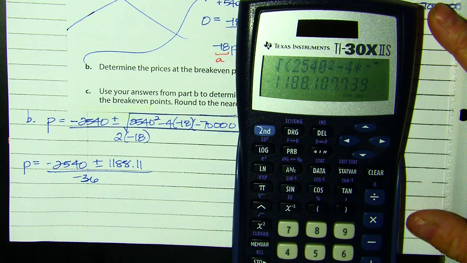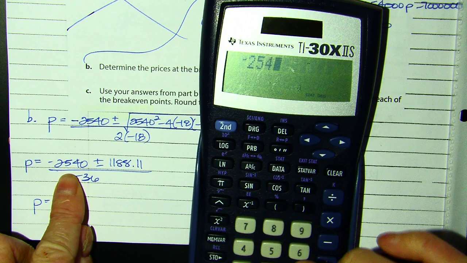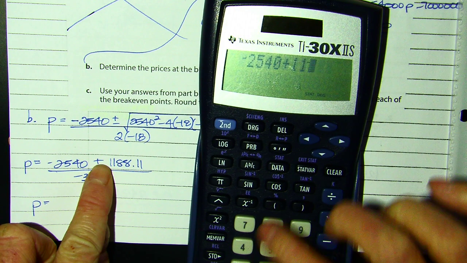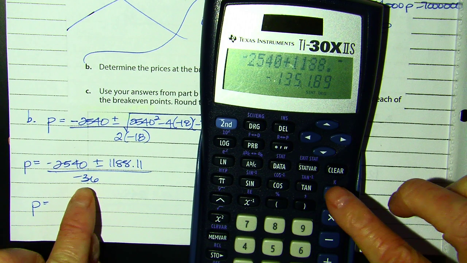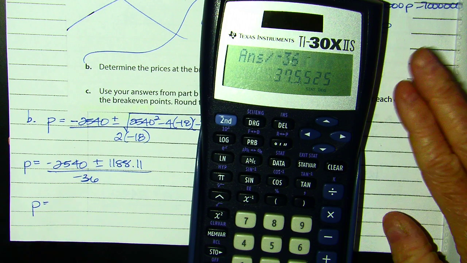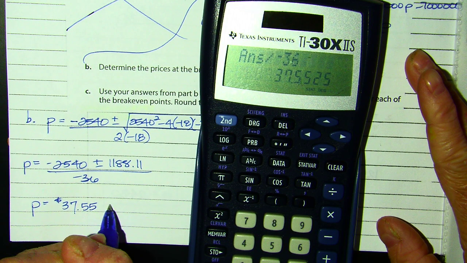Now I'm going to find my two price points. For one of them I take negative 2540 plus 1188.11, hit enter, then divide by negative 36, and I get a price point of $37.55.